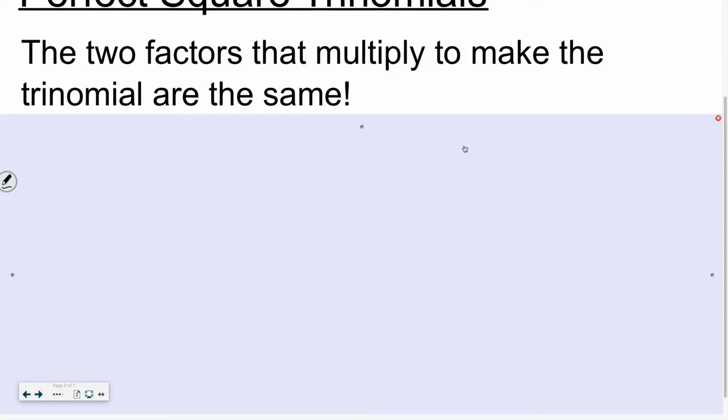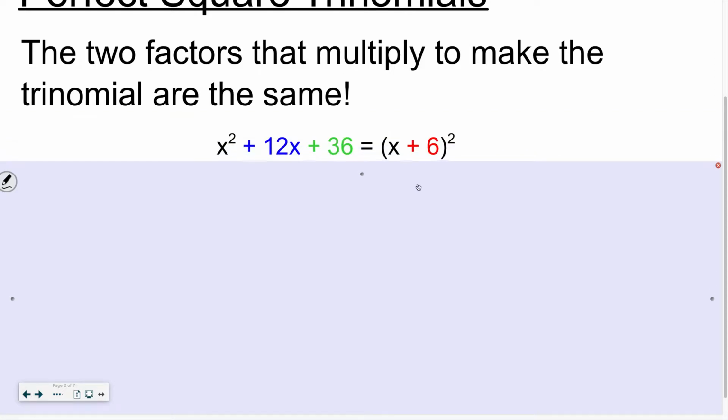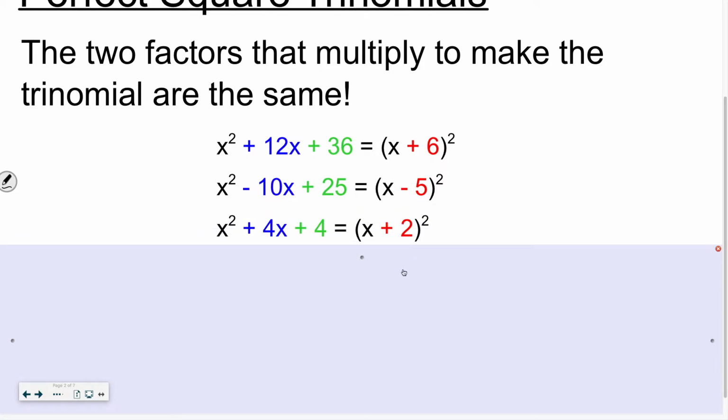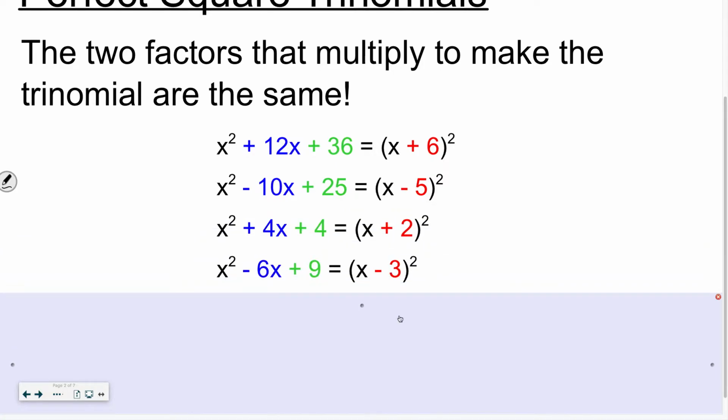It's still the same idea. Now I have the same examples that were on the previous slide where you factored to find them. So if you want to write some examples of perfect square trinomials, if you didn't write down your warm-up, you could write some examples down now.